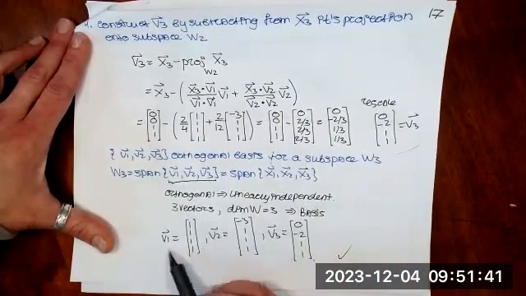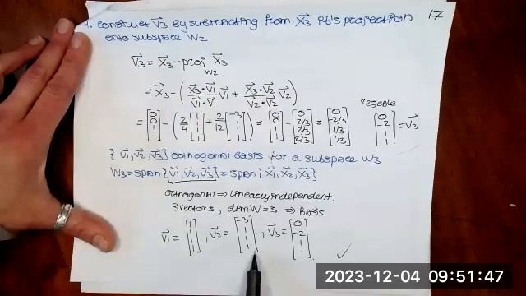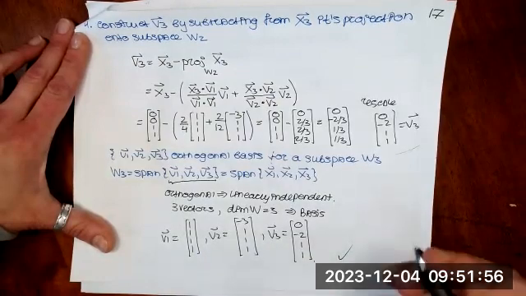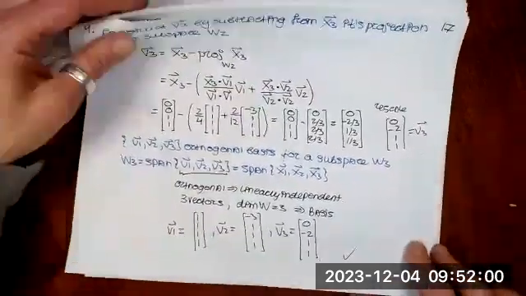And so by construction, this is going to be an orthogonal basis. And if I wanted to make it orthonormal, then I would just divide each one by its length to make them all have length 1. That makes sense from last time.